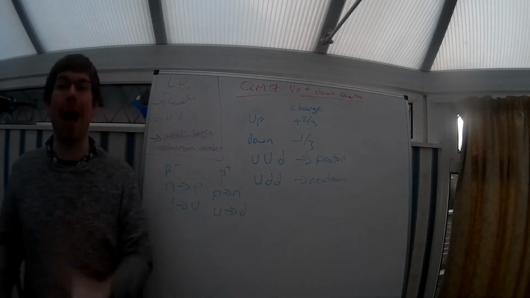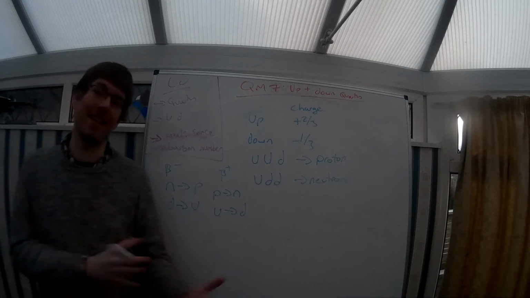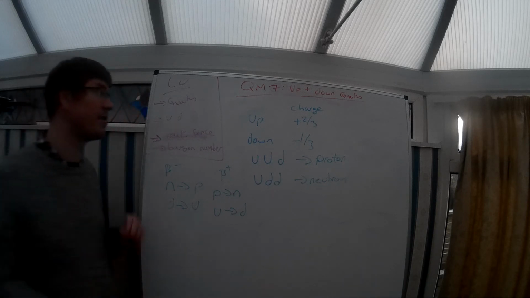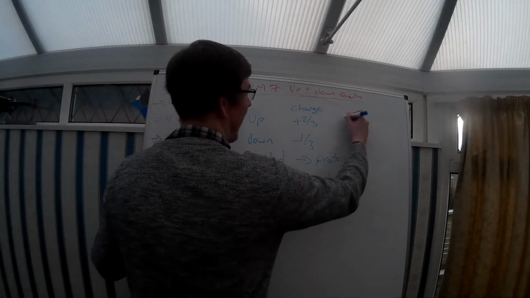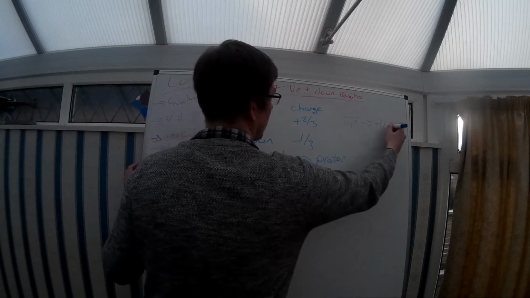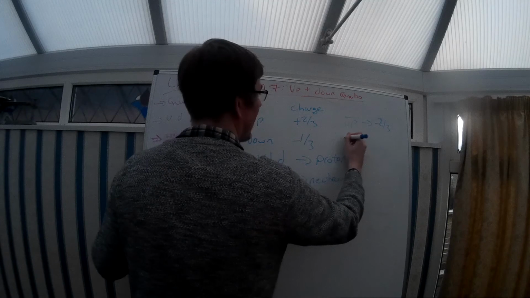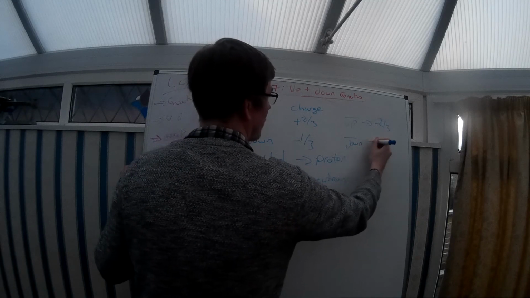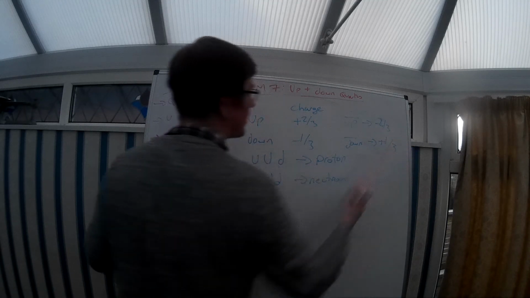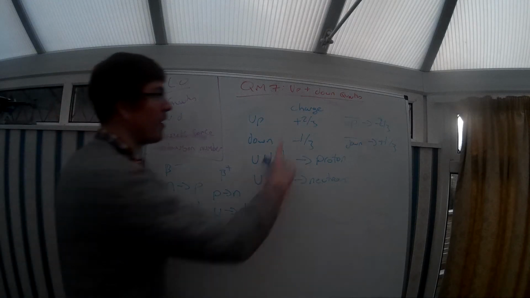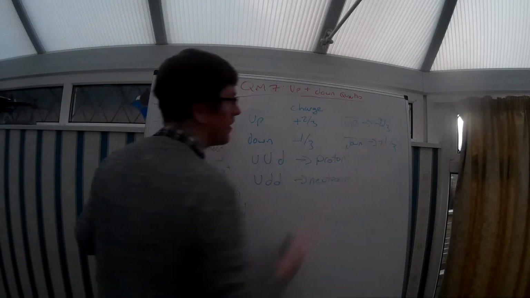They all have a baryon number of -1/3. And the charges are clearly going to be flipped. So if we have an anti-up, that's going to have a charge of -2/3, and an anti-down will have a charge of +1/3. Exactly the same as any other antiparticle, the mass stays the same, but the charge flips.